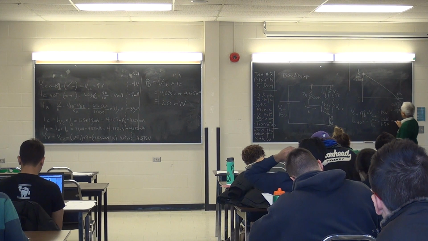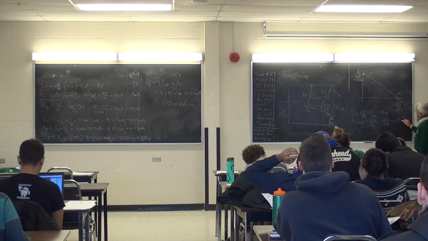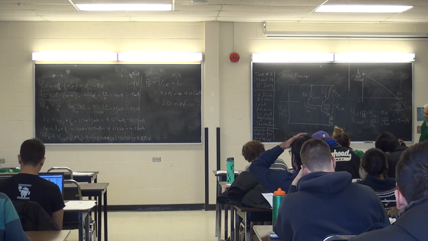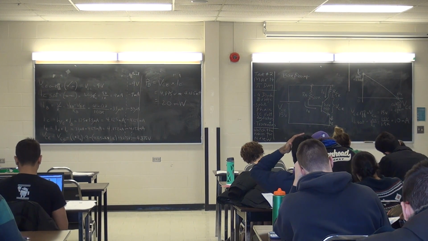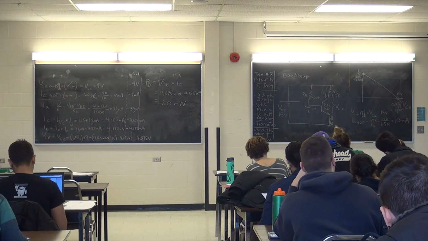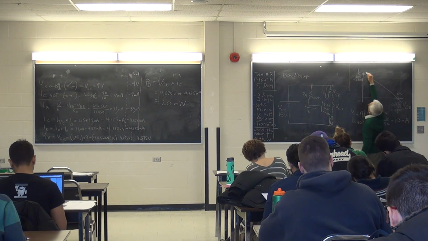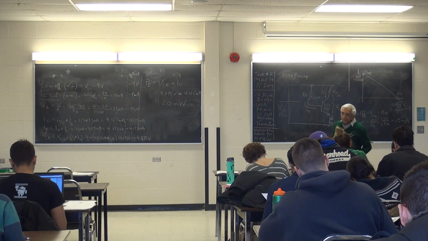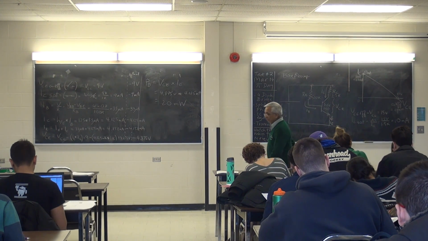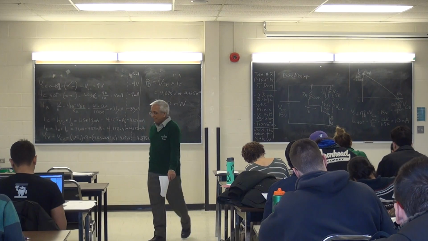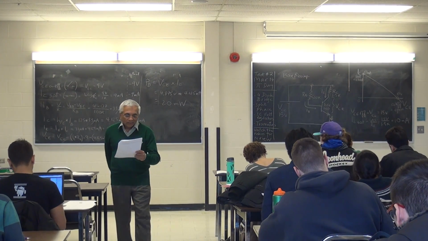How much is that? 10 milliamps. Where do I show the 10 milliamps? At the saturation. That's when the transistor acts like a closed switch. Now, I find the Q point.